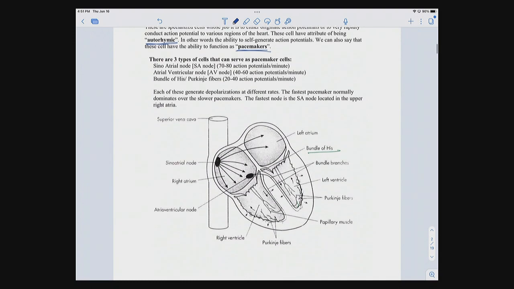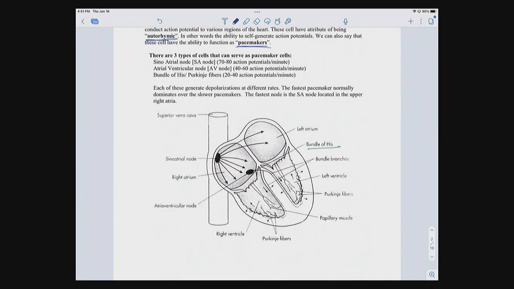I'm going to speak in generalities here, but there are three types of cells that can serve as pacemaker cells. It's a little bit of an oversimplification, and we'll get into some of the weeds on this in later lectures, but let's make it simple for now. What you have here is a group of cells we're calling the sinoatrial node, and we'll shorthand it and call it the SA node.